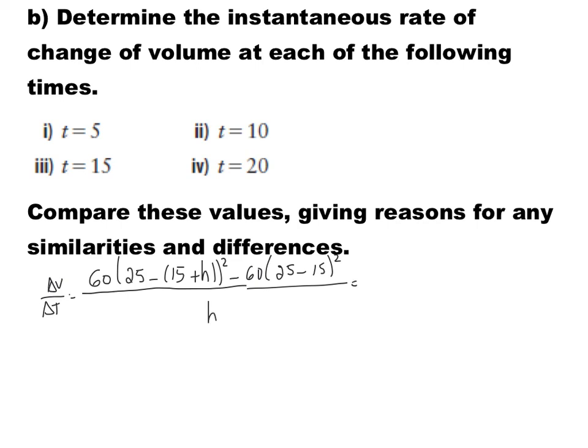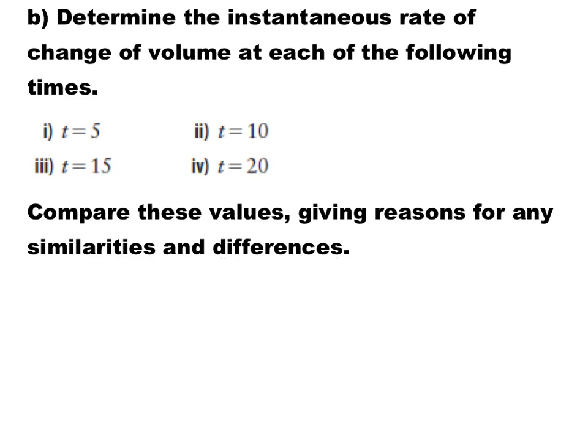If we simplify this one, we get 60h minus 1200. In the same way that we let h go to almost 0 in the previous parts, this one is not going to contribute anything, so the answer is negative 1200 liters per minute.